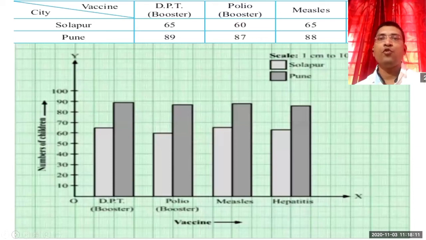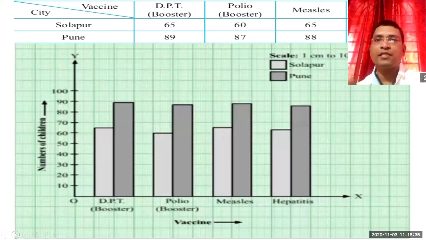Polio vaccine, you will notice Solapur 60, and Pune is 87. In measles, Solapur measles vaccine is given to 65 children, and measles vaccine given in Pune district is 88.